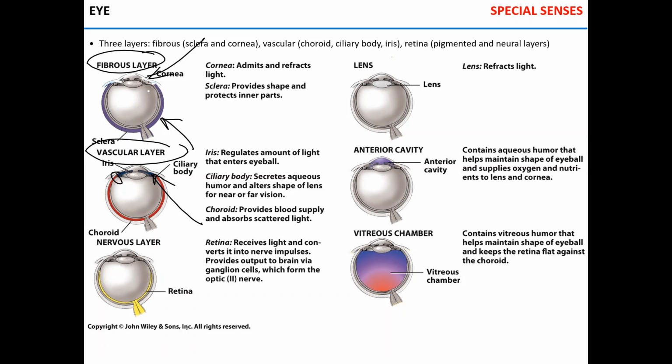And finally, choroid, that red line here represents choroid. The function of choroid is to supply blood to the retina.